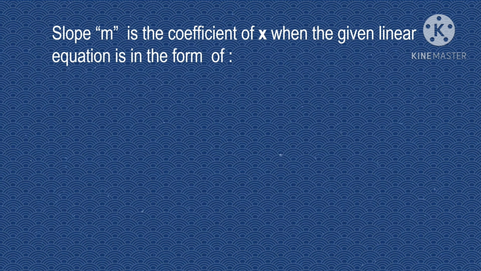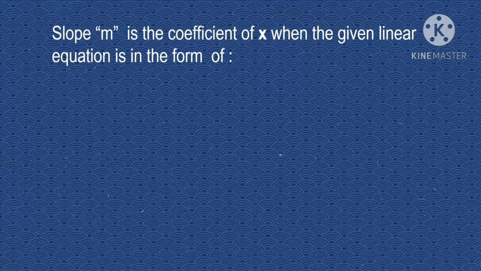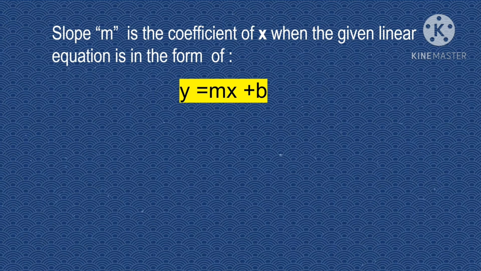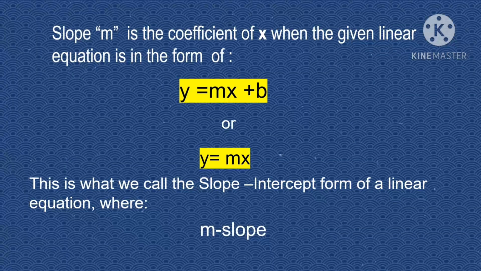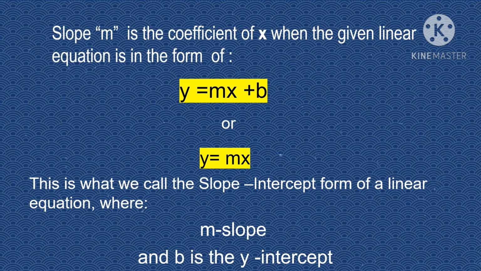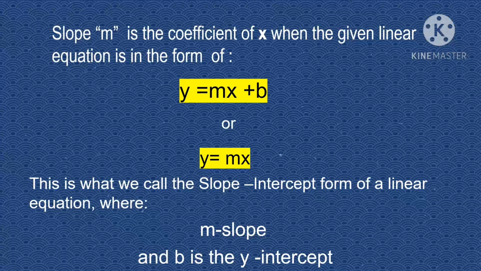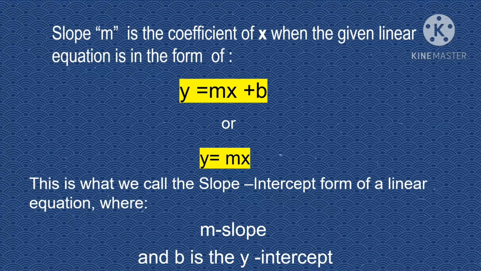Slope, or M, is the coefficient of X, where the given linear equation is in the form of Y equals mx plus b, or Y equals mx. This is what we call the slope-intercept form of the linear equation, where M is the slope and B is the y-intercept. But let us focus only on M, or slope.